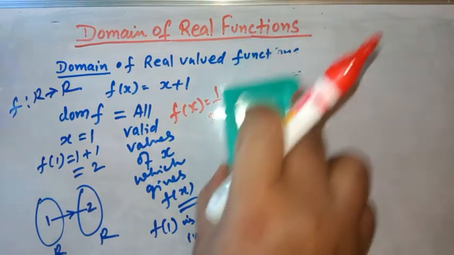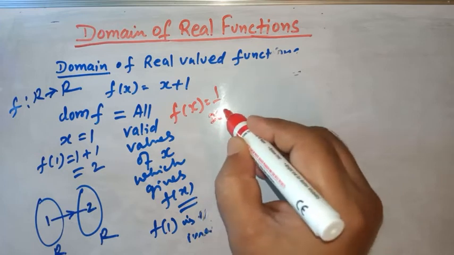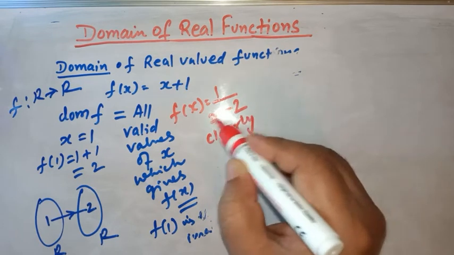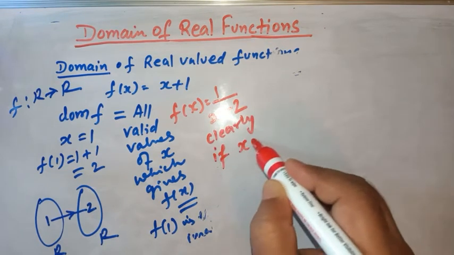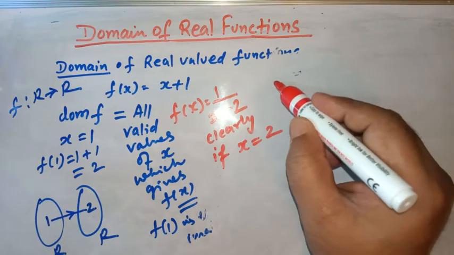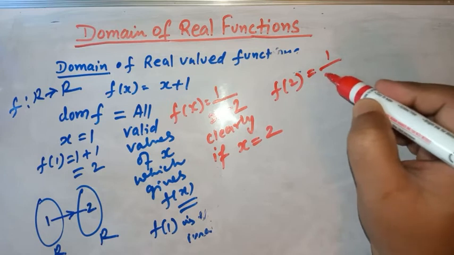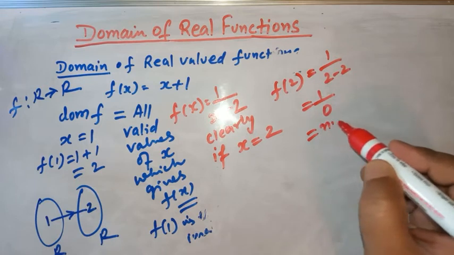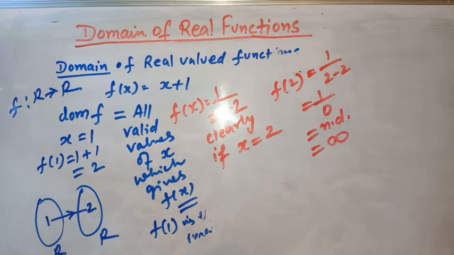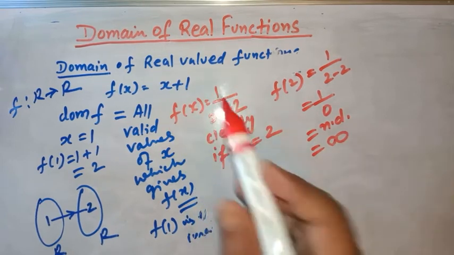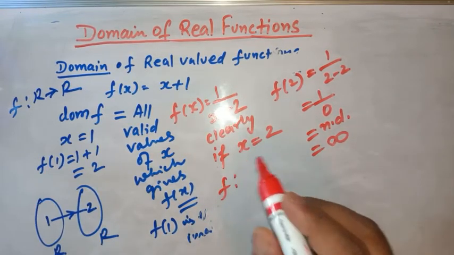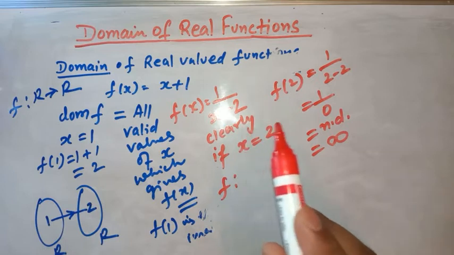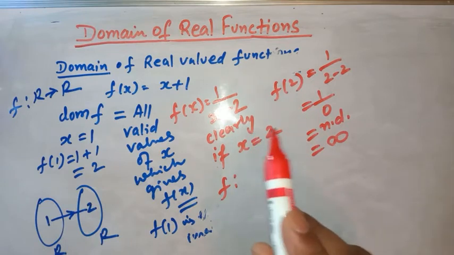Now clearly we see that if x is equal to 2, then f(2) becomes 1 over 2 minus 2, that is 1 over 0, and it is not defined, or it is infinite. So this function f(x), although it is from the set of real numbers to real numbers, the domain is not the entire set of real numbers.